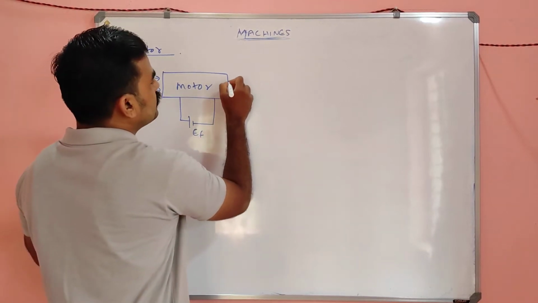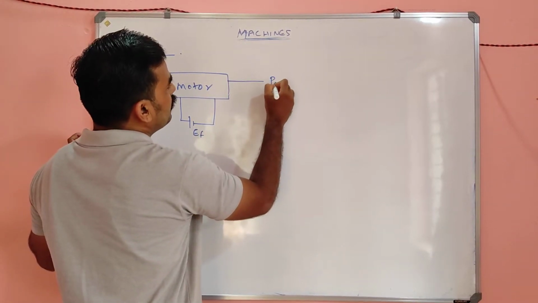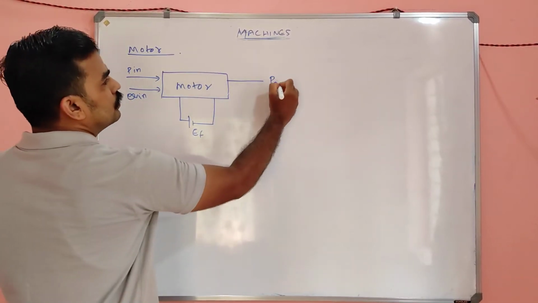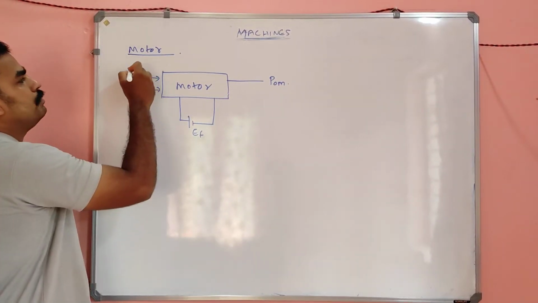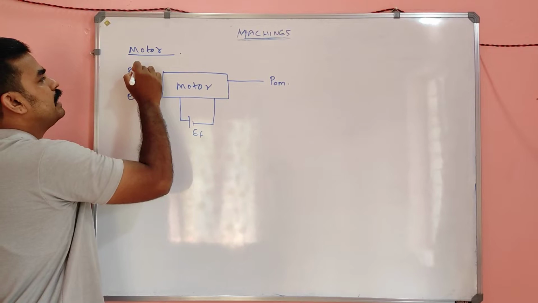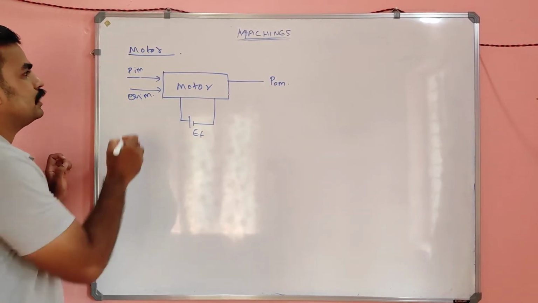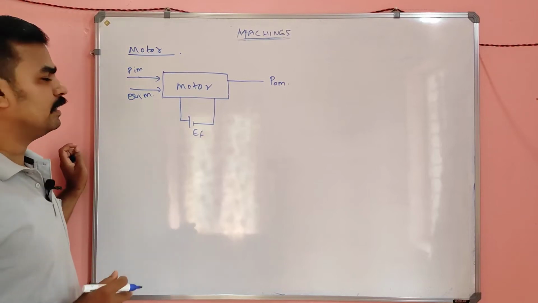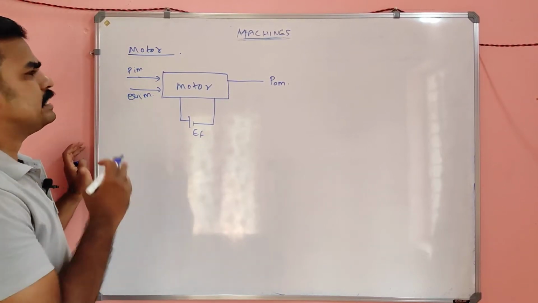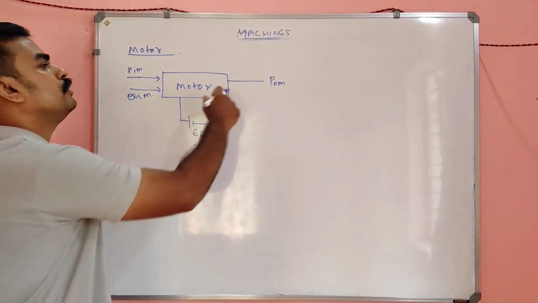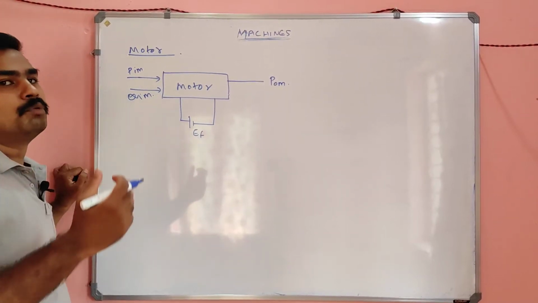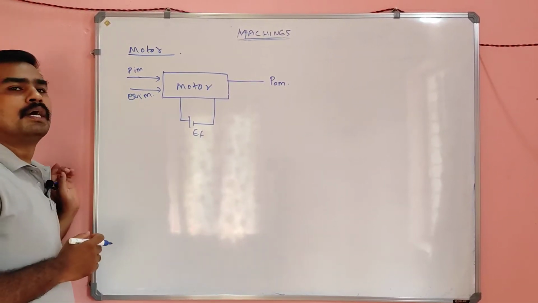And there will be a P0 output of the motor. Let PIM mean the input of the motor, and let QAM mean the reactive power input of the synchronous motor. P0M is the active power output of the motor.